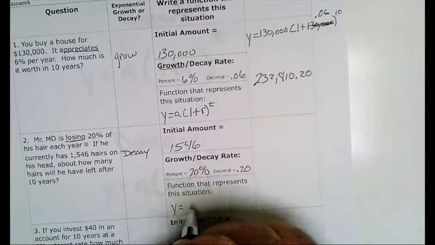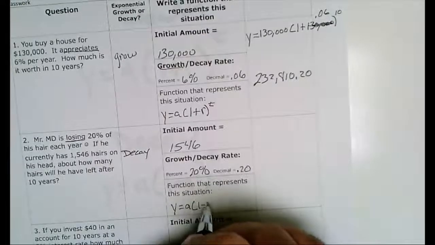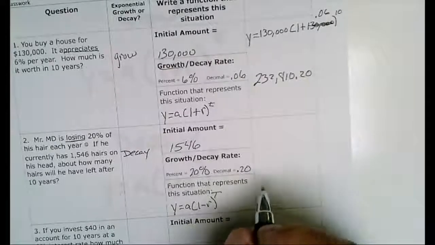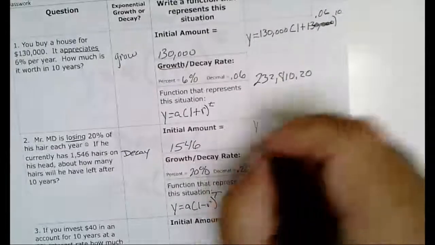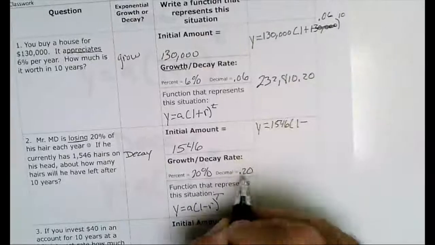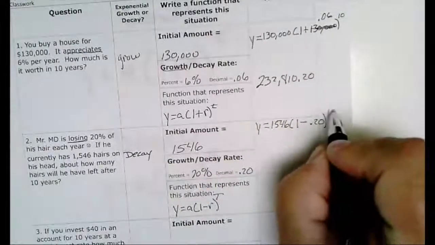So y is equal to a times 1 minus r to the t power. Okay, so if we write that out, y is equal to original amount, 1,546, times 1 minus the rate, 0.20, to the 10 power.